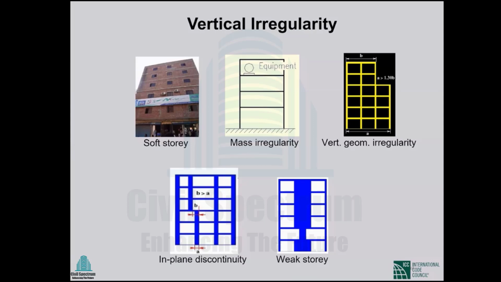What I want to show here is how can a story be less stiff than an adjacent story? One quite typical example is the parking floor, the ground floor of an apartment building, where we don't have any brick walls, whereas the other upper stories do have brick walls.